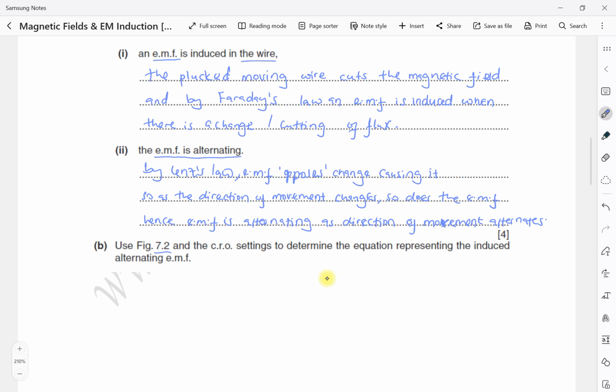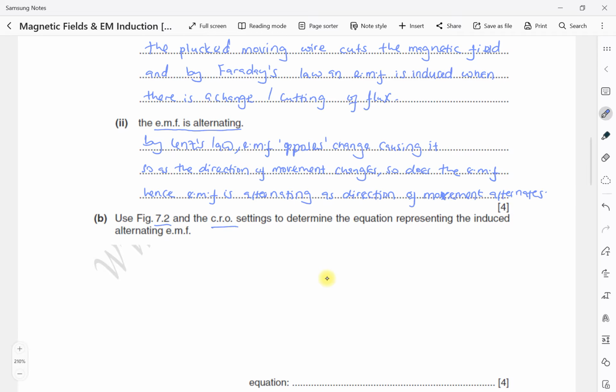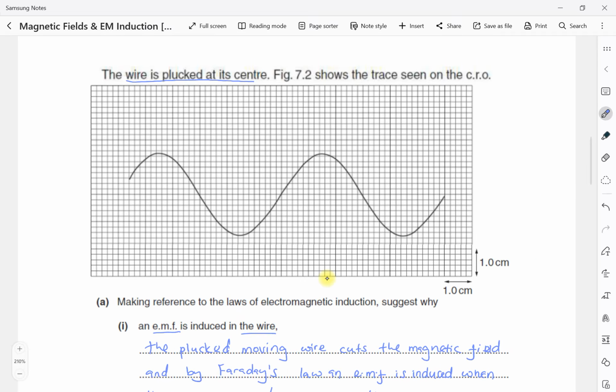Use figure 7.2 and the CRO settings to determine the equation representing the induced or alternating e.m.f. So I will start by finding the amplitude. Let me check peak to peak. So this is going to be the amplitude here.